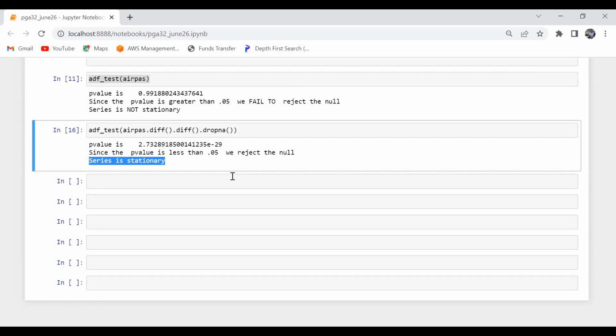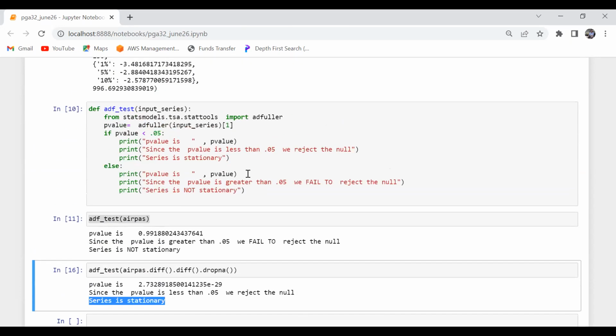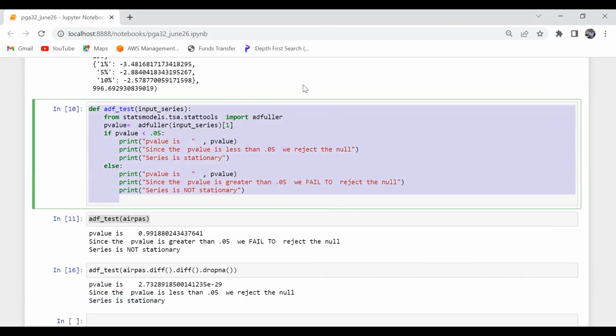Guys, let me know once you have done it. Done, sir. Done? Okay. At coded line number 10, I hope people are able to understand this simple line of code, right? It is nothing but your if and else.